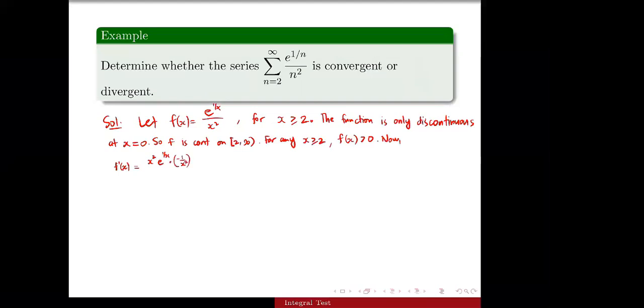So that's low times derivative of high, minus high, e raised to 1 over x, times derivative of low, which is 2x, over low squared, so this becomes x to the 4.